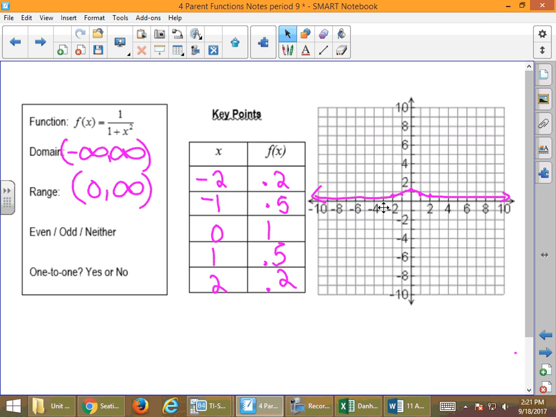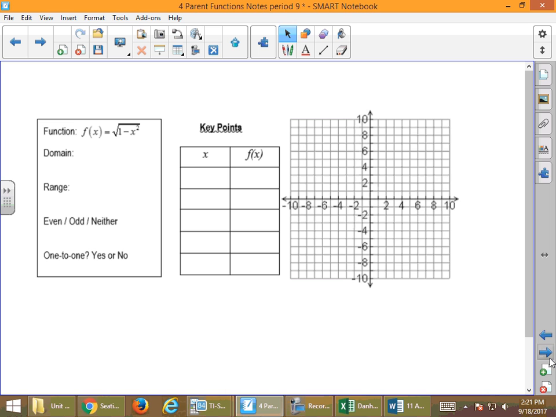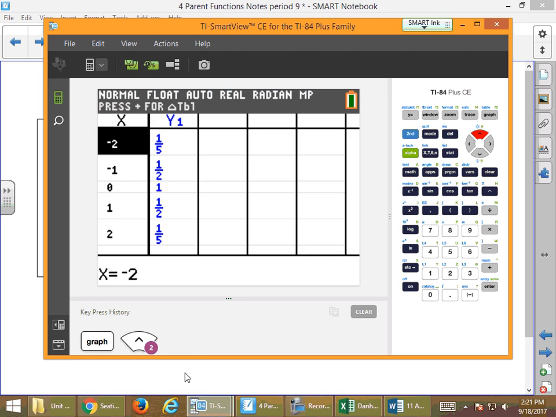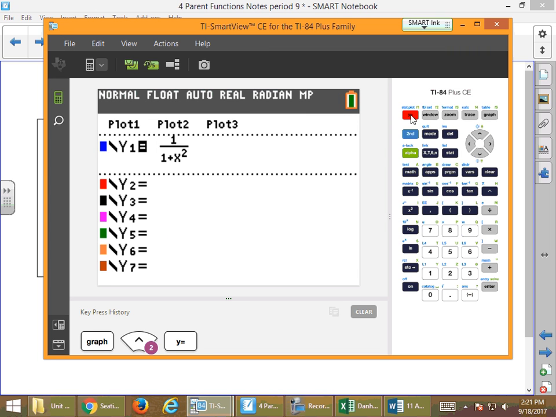As we finish here with this last one, square root of 1 minus x squared. Going back to y equals, clearing that, square root of 1 minus x squared.